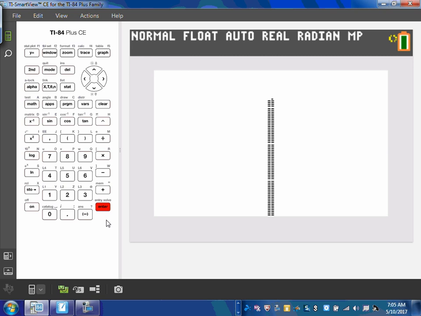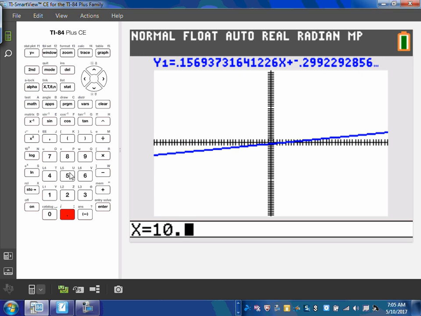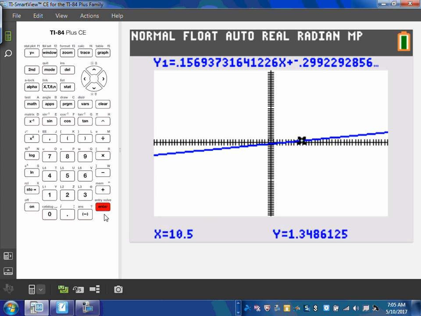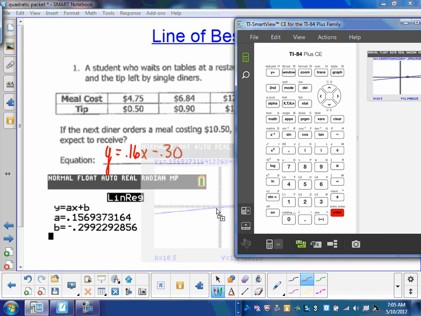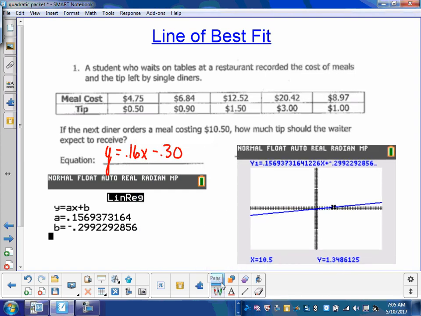Don't forget to hit Enter. And now hit trace. 1050. So my tip is $1.34, $1.35.